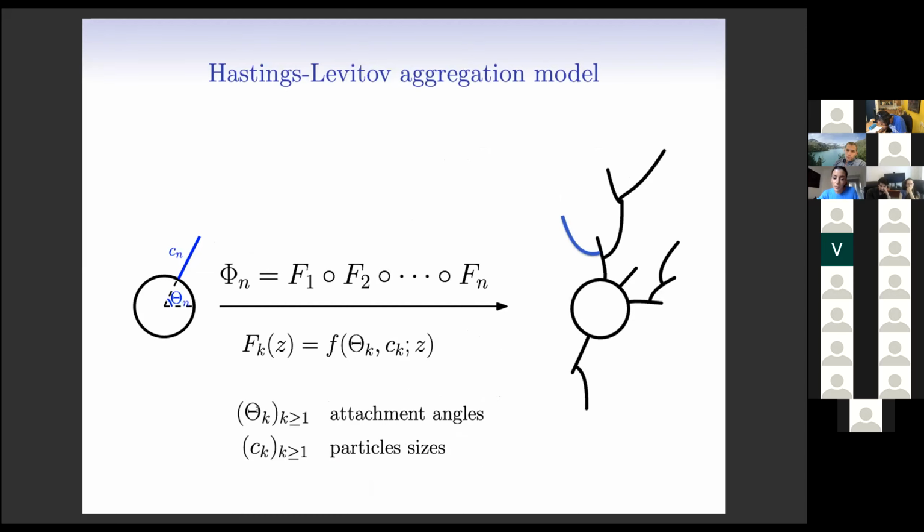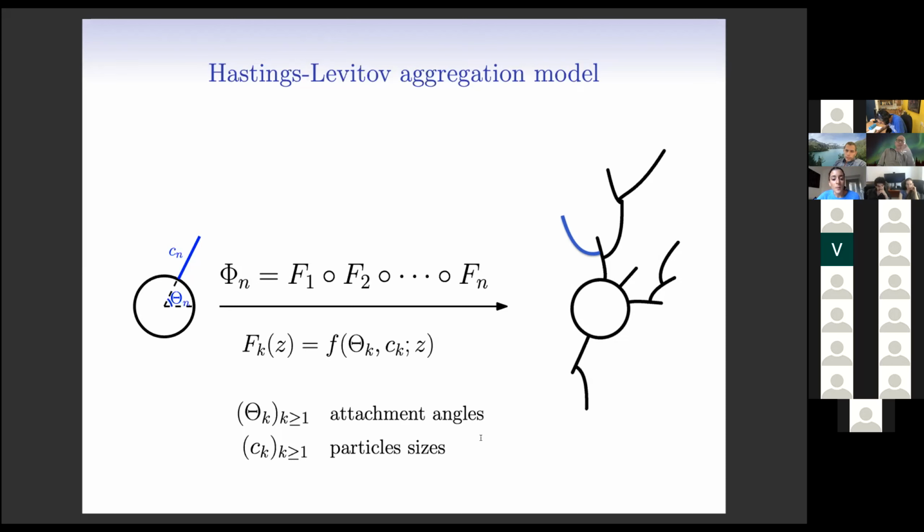And they also depend on the particle sizes, which if we want to implement Hastings and Levitov ideas, we should take to be random according to the conformal distortion, according to the harmonic measure close to the attachment point.